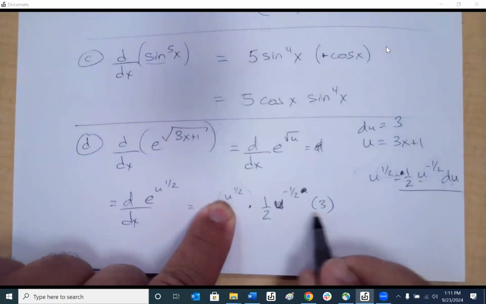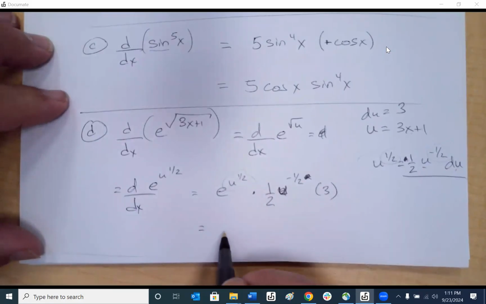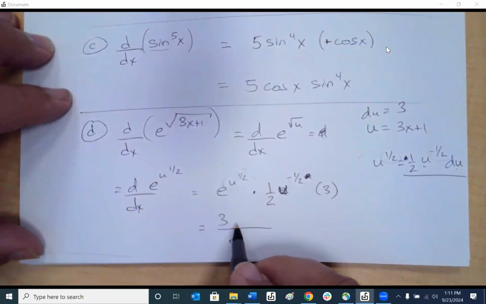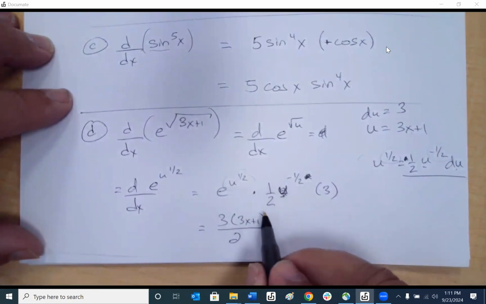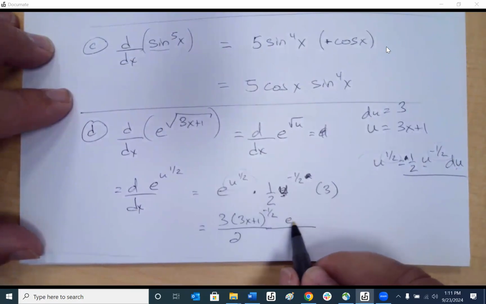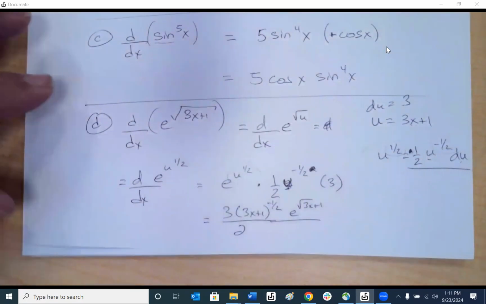That's just this right here. So it's 3 over 2 times (3x plus 1, that's u) to the power negative 1/2, times e to the power square root of 3x plus 1.